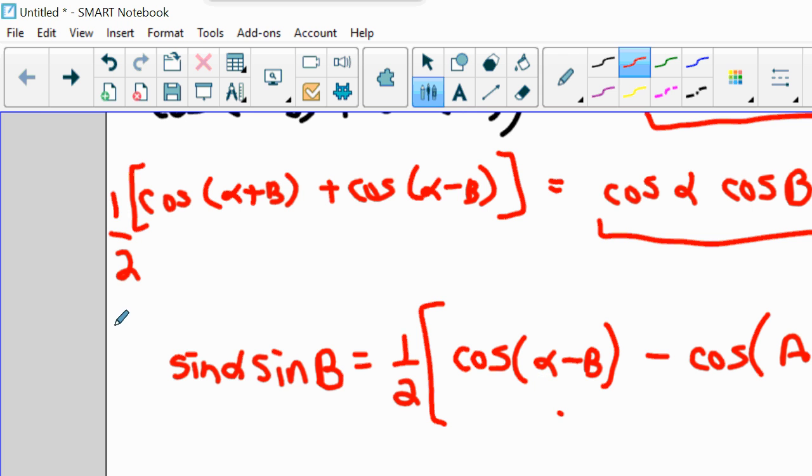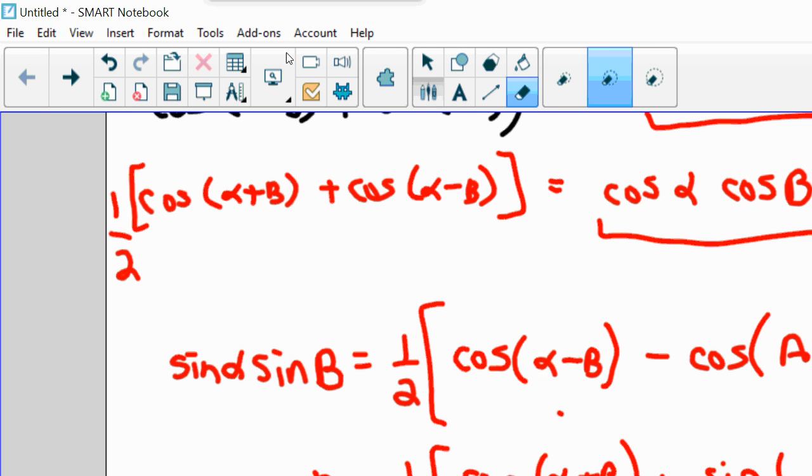We get sine alpha cosine beta to be 1/2 sine alpha plus beta plus sine alpha minus beta. Well, let's switch. We get a little careless here.